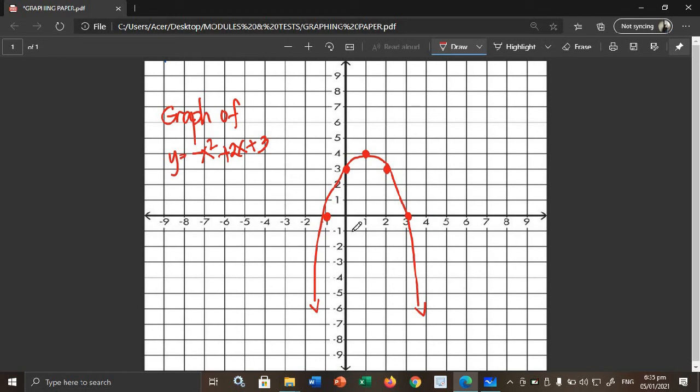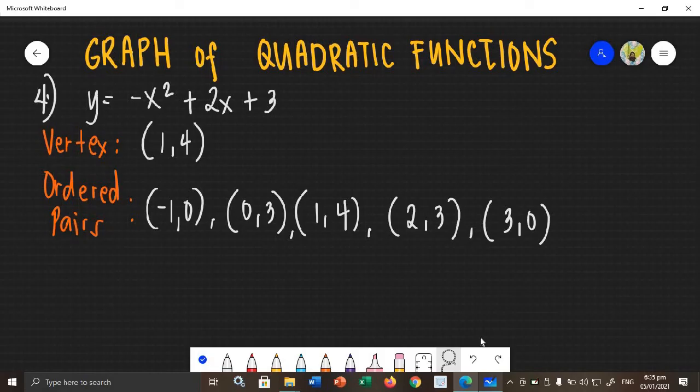And then, observing the graph, we can see that there are x and y intercepts. Okay? So we will write the x-intercepts. So we have two x-intercepts and we have one y-intercept.